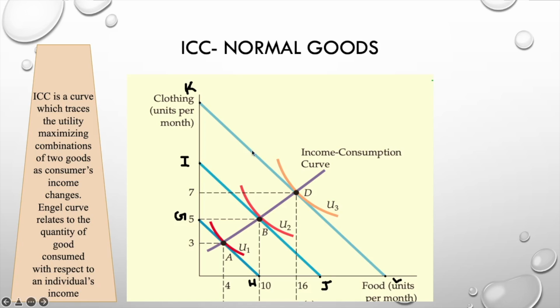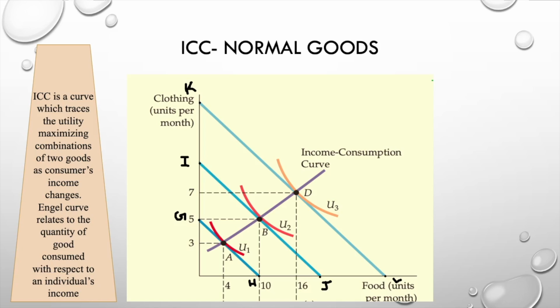The utility maximizing combinations of both food and clothing also move from A to B to D, as there is a parallel shift in the budget line towards the right. This means that both clothing and food are normal goods and the income consumption curve is upward sloping.